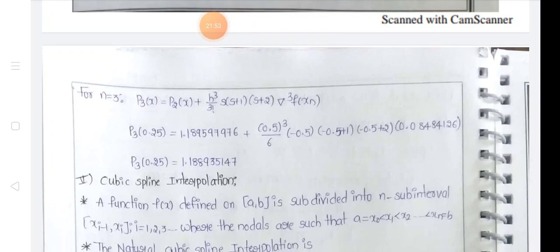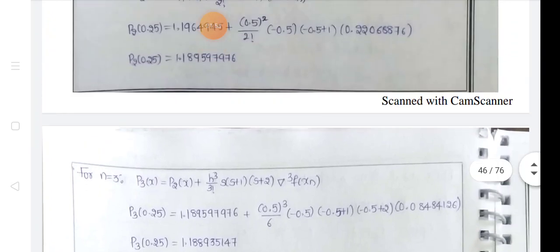For n equals 3, p3 of x is equal to p2 of x plus h cube by 3 factorial s into s plus 1 s plus 2 del cube f of xn. p3 of 0.25 equals p2 of x, 1.189597976 plus h cube by 3 factorial.